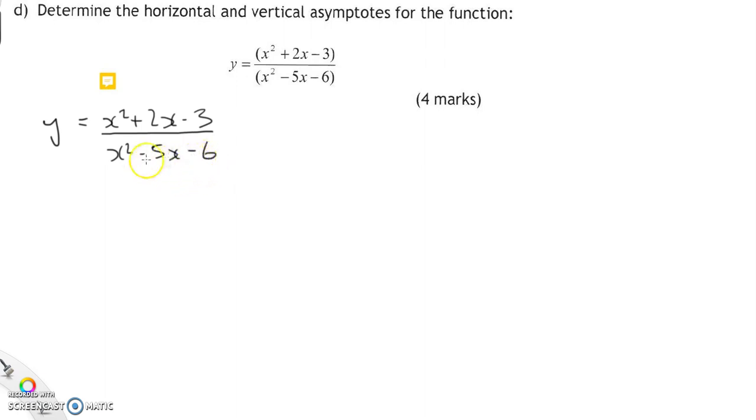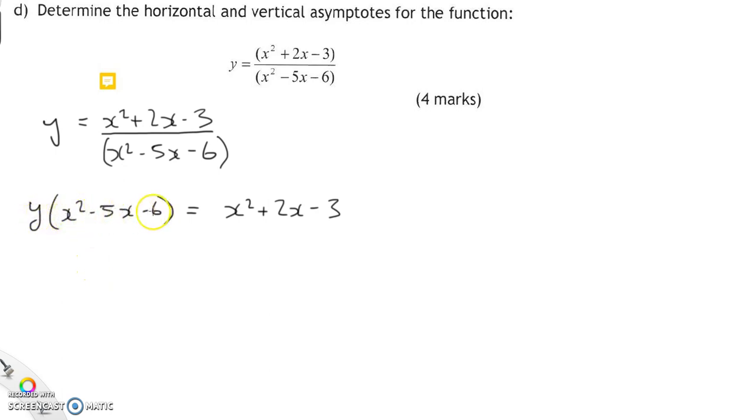Right. I'm going to multiply both sides of this equation by this stuff here in the brackets. So that gives me y times (x squared minus 5x minus 6) equals x squared plus 2x minus 3. The highest power of x there is x squared.